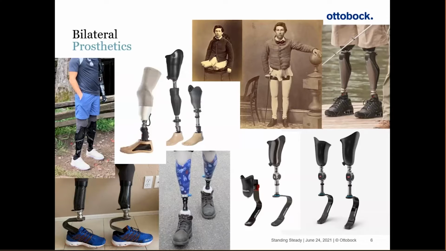Yes, walking, maybe some athletics, maybe they just want to get in a kayak, maybe they want to go play hockey, maybe they want to just sit on the floor with their kids. So think of the big picture and what components can help them meet their ultimate goals. Vacuum suspension is really a great suspension and great limb environment, and can help with wound healing, increase proprioception, all of those different things.